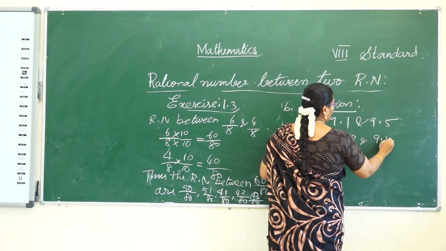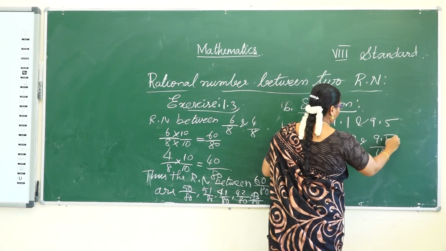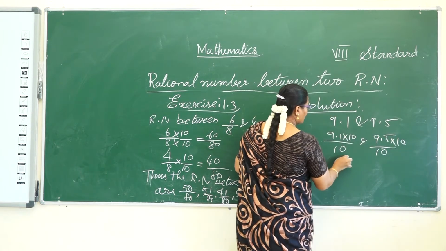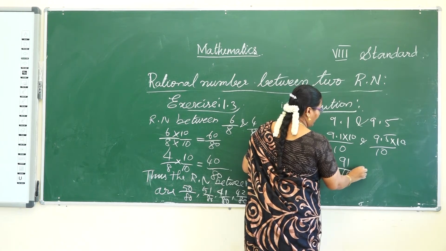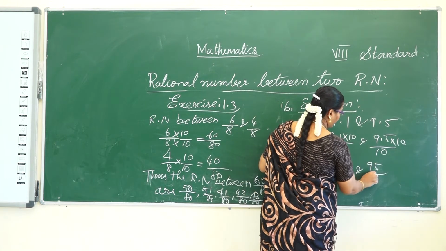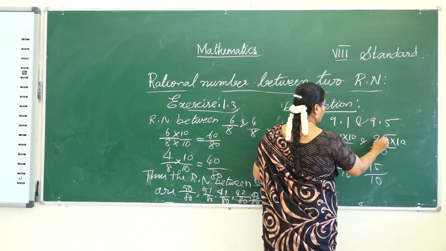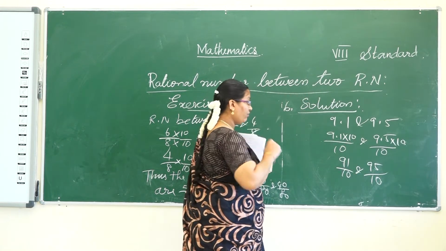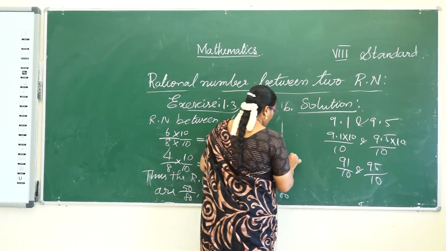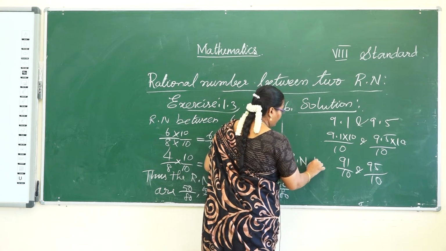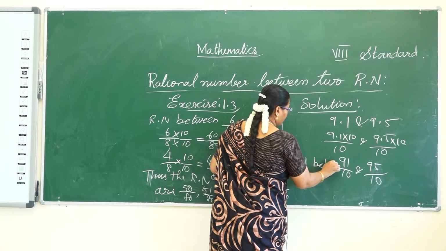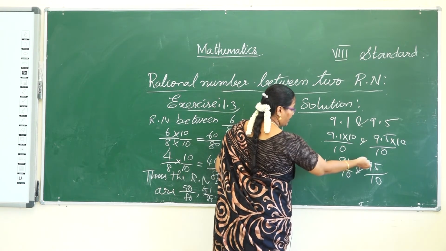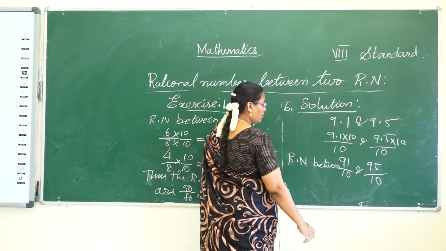Here also multiply numerator and denominator by 10. What do we get? 91 by 10 and 95 by 10. So the rational numbers between 91 by 10 and 95 by 10, which are the numbers?